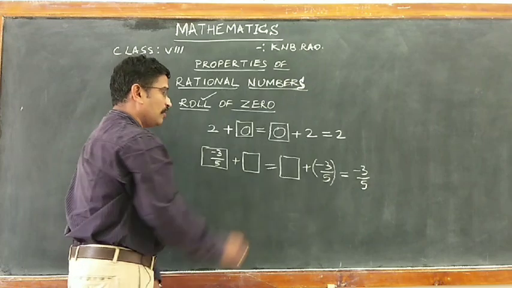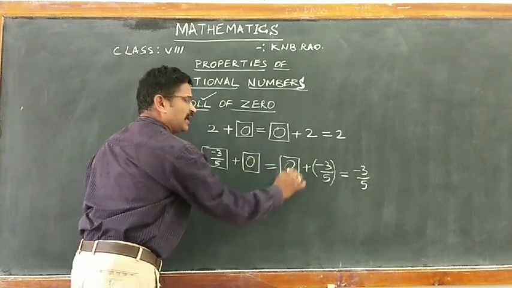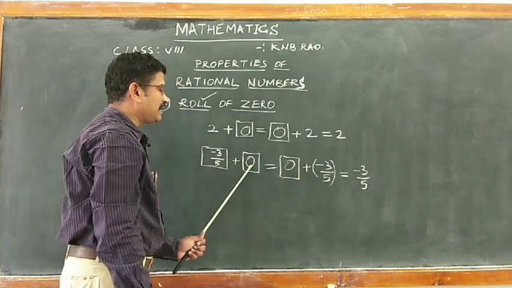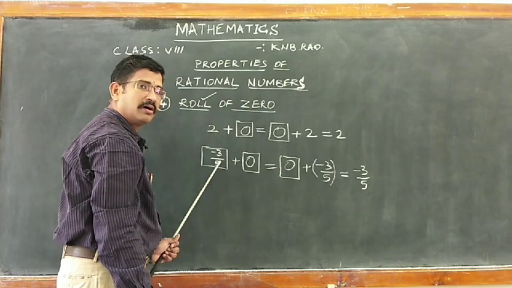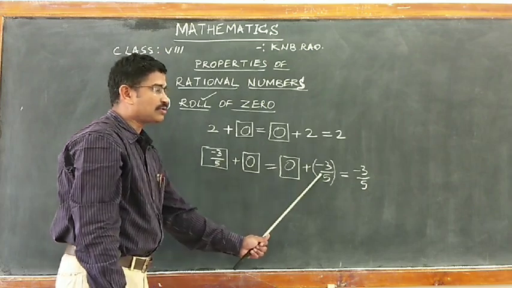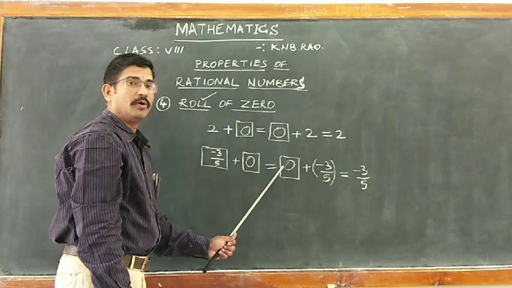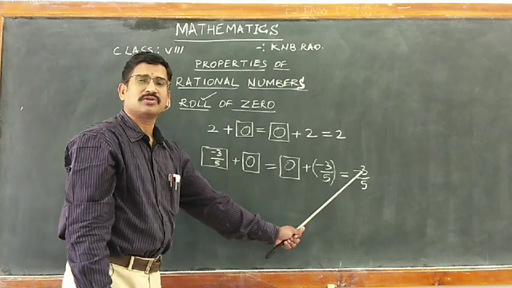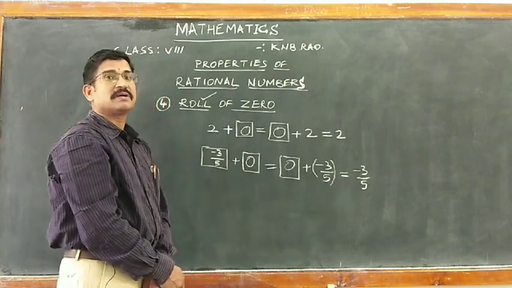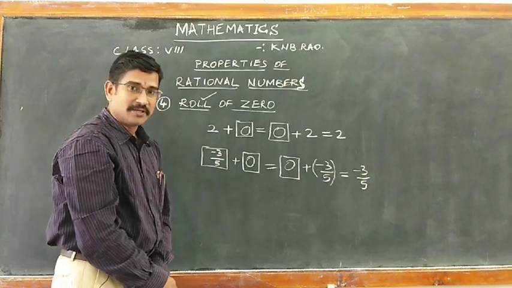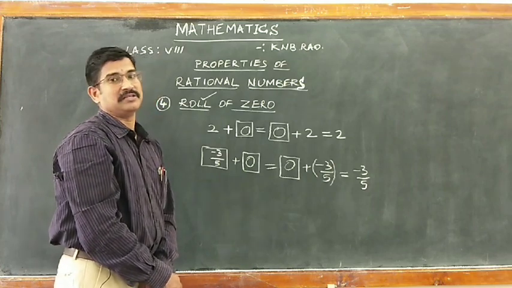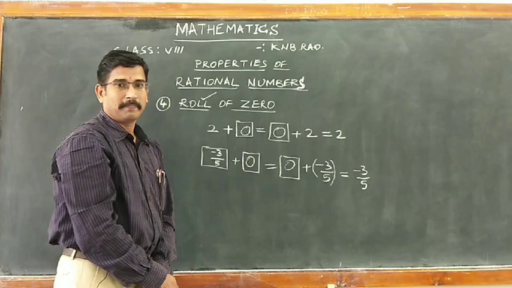Children, 0 is the only number which, whenever it is added to any rational number, or any rational number is added to 0, gives the same rational number. So, that is the speciality of 0 under addition.